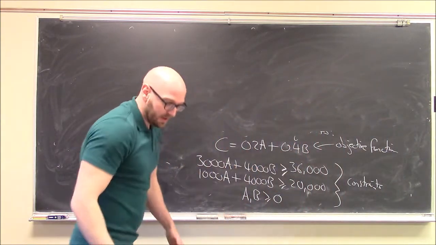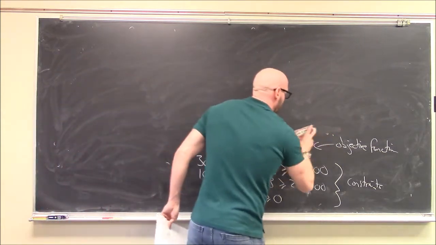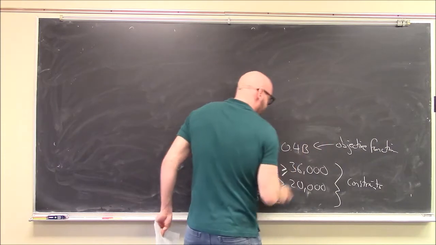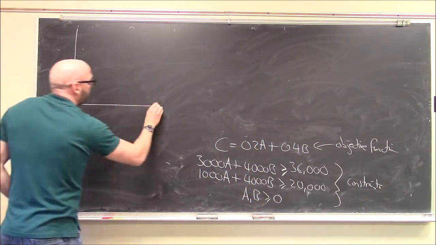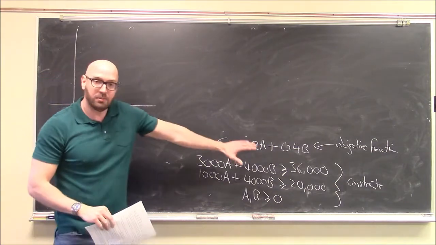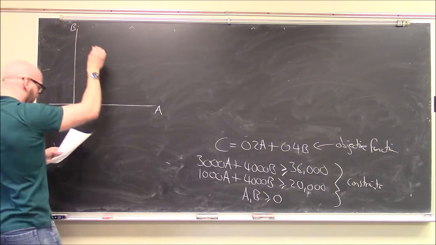I will skip ahead and leave the details of solving this particular problem to you. You build the feasible region. I'll just tell you what the feasible region is. My variables here are A and B, not X and Y, so I'm just going to call this the A-axis and the B-axis.